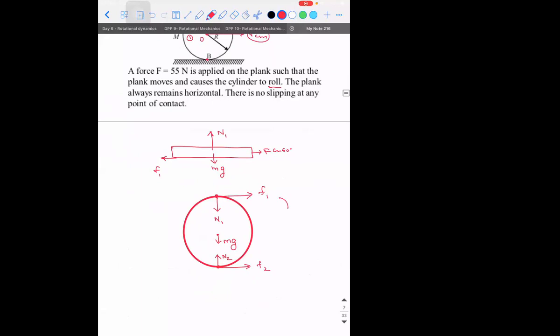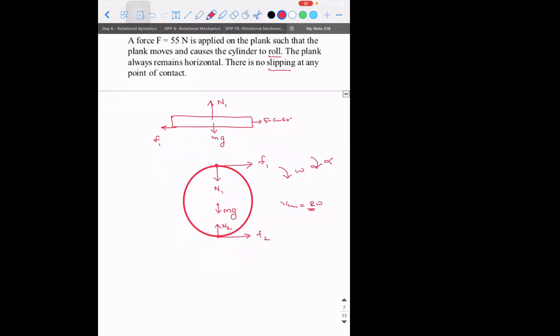So the cylinder tends to revolve with an angular velocity omega, and it is also going to have an angular acceleration alpha. So when there is no slipping, can I say the velocity of the center of mass is equal to r into omega? Right. Yes, sir. Now let's apply all the equations.